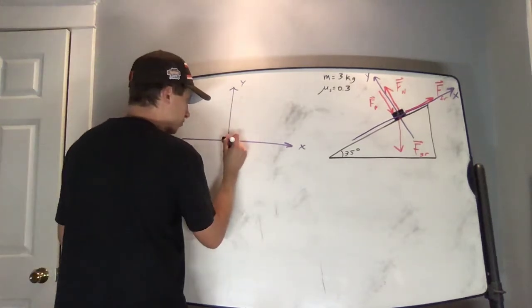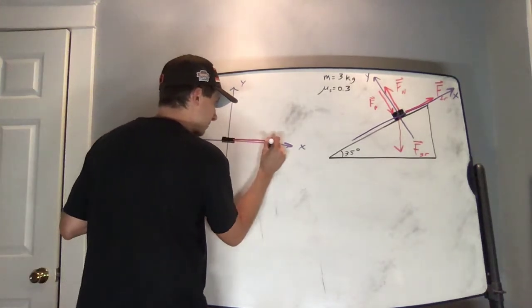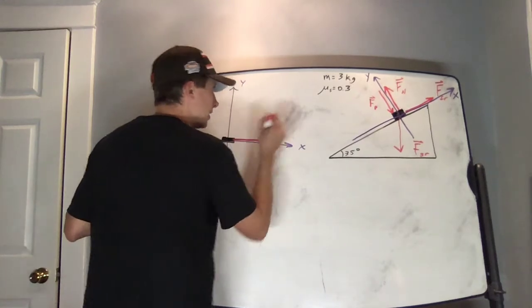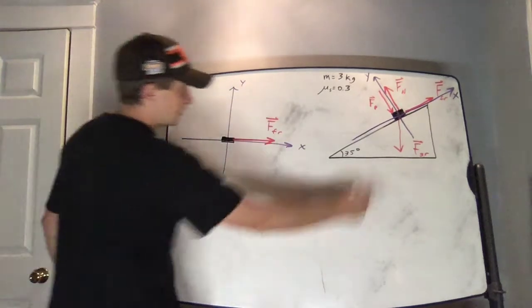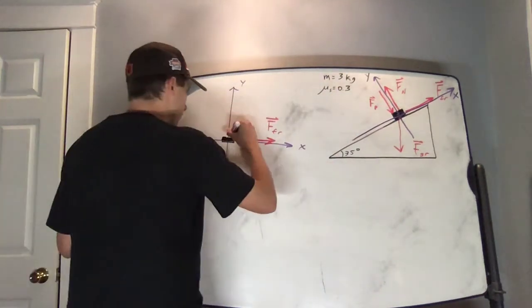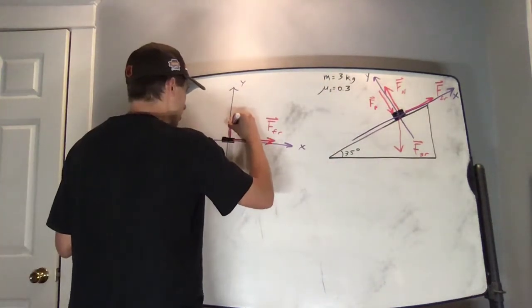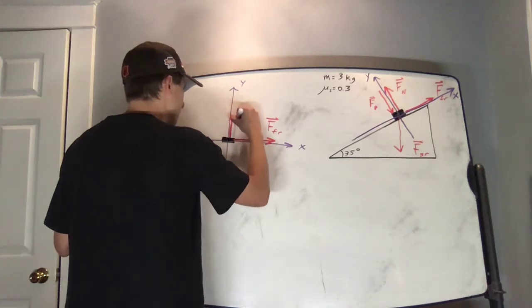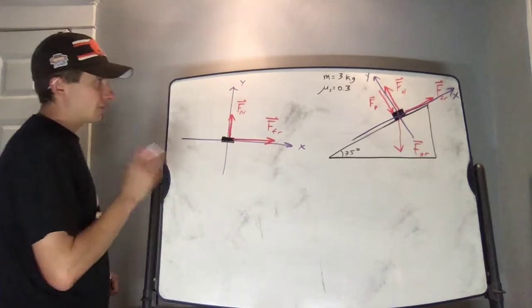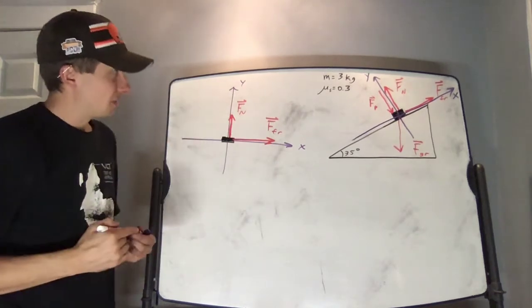So here is the force of friction on the crate, F friction. There is the normal force that is entirely in the y direction. So the normal force is going to point straight up like this. Here is F normal. There is the force of the push.